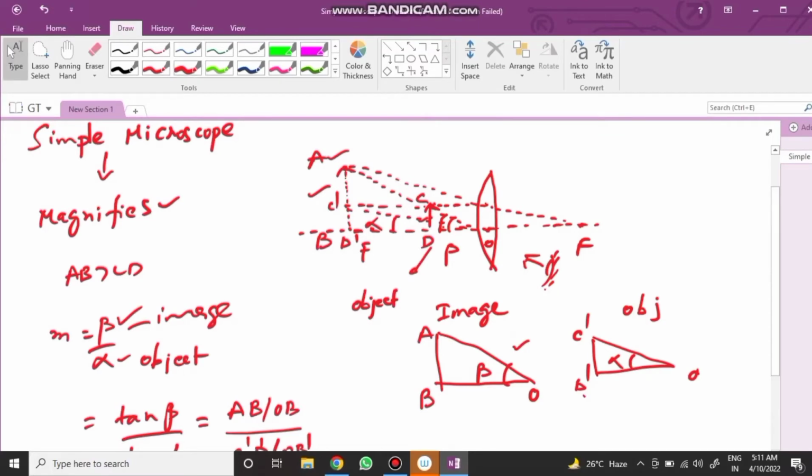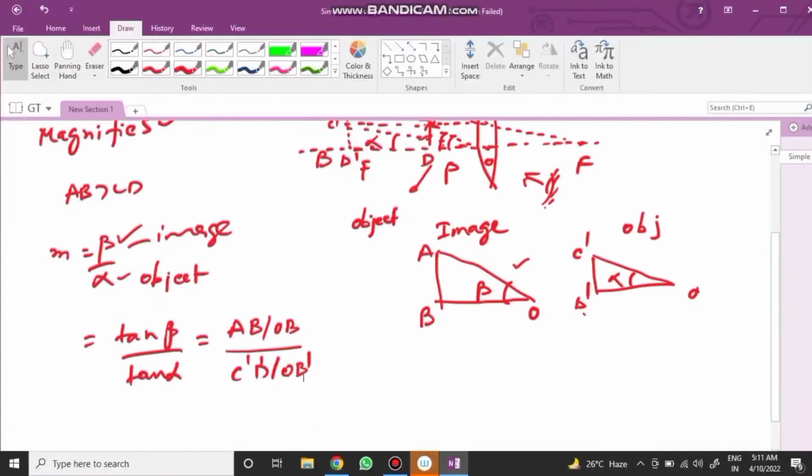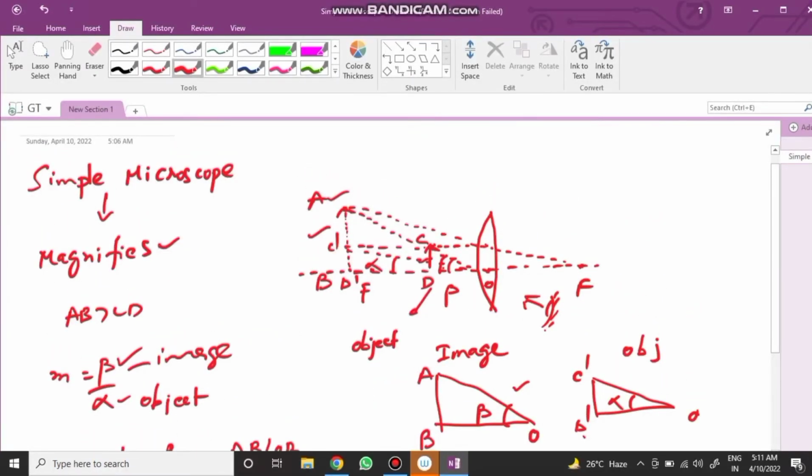You can say that AB is almost equal to C dash D dash. This distance is the object distance, and this distance is the image distance.